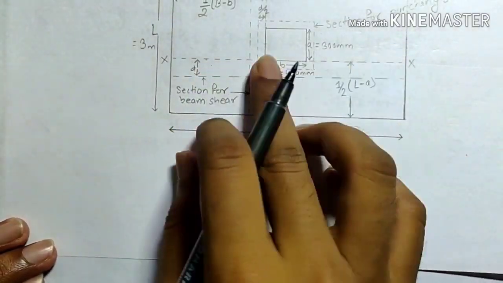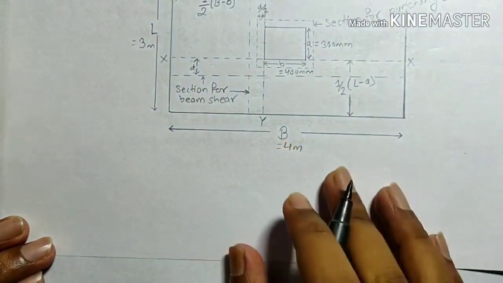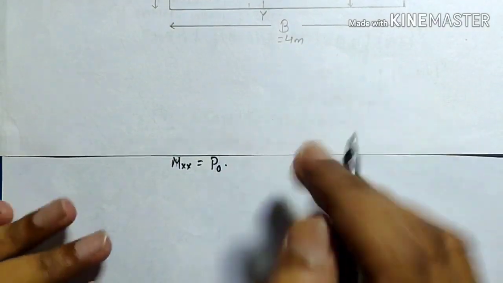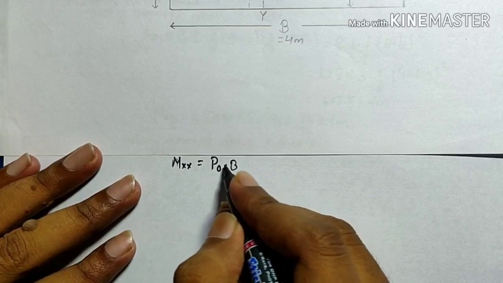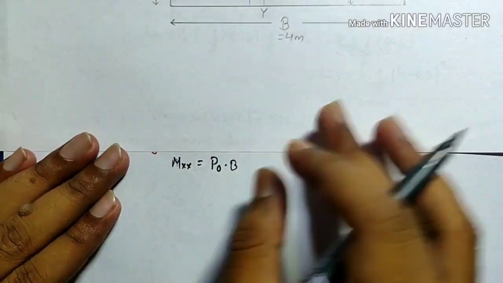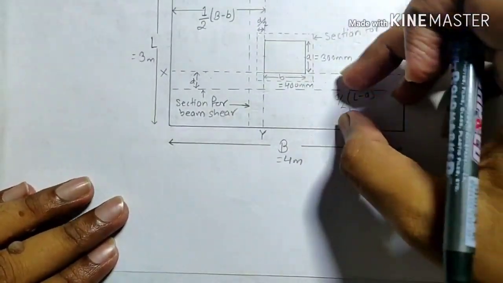We are calculating about x-axis and the corresponding span is B, so multiply this pressure by B, then it has become UDL, and to convert UDL into point load we need to multiply this by this span.